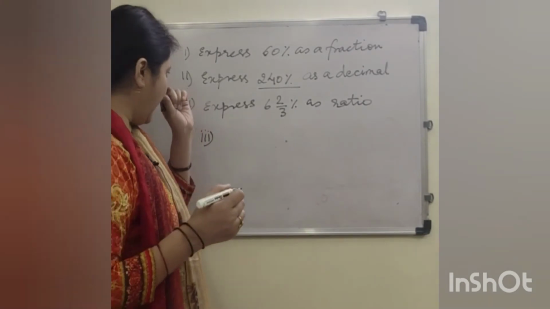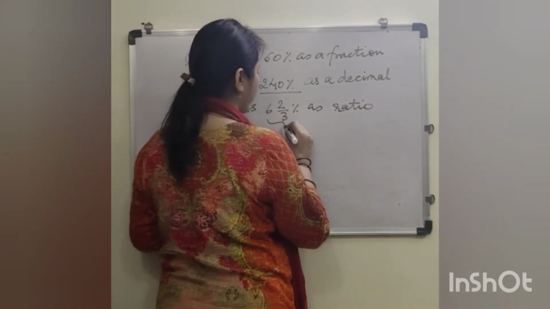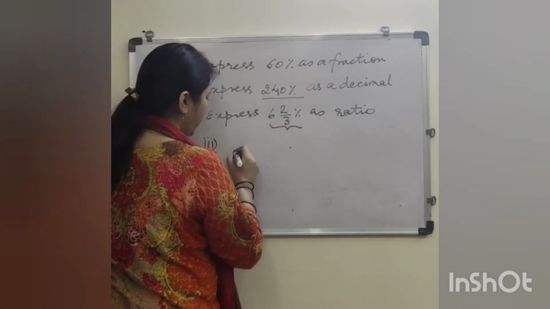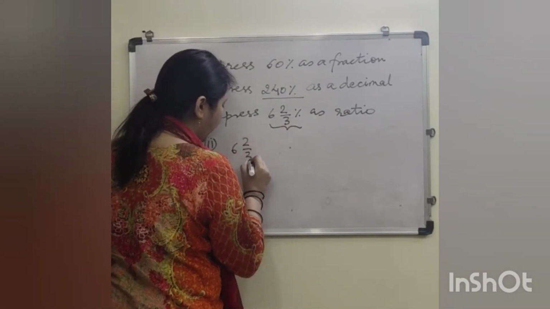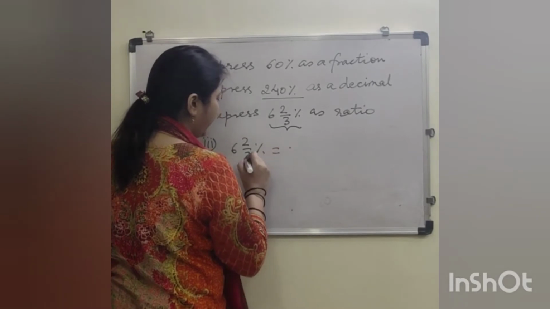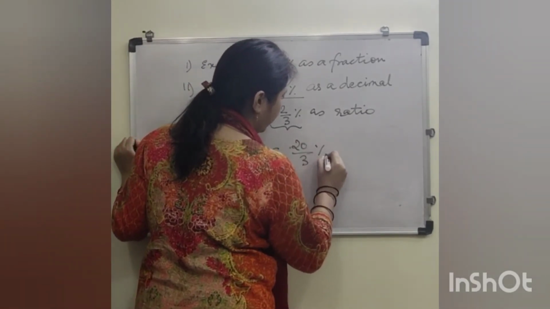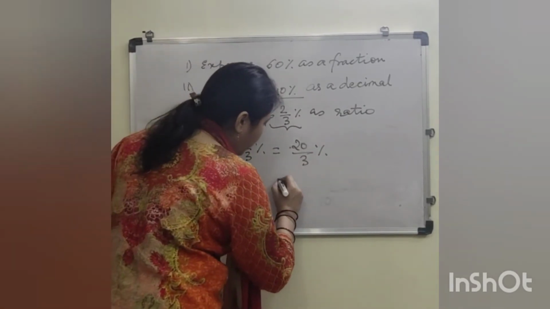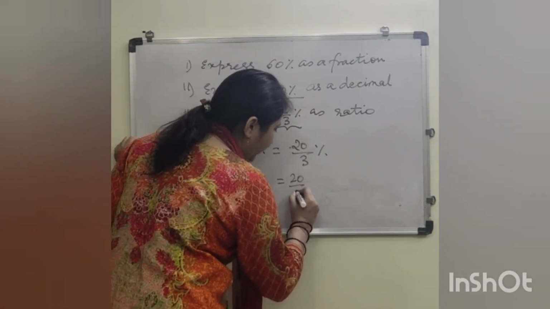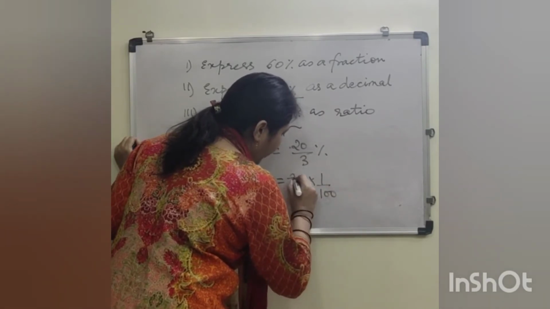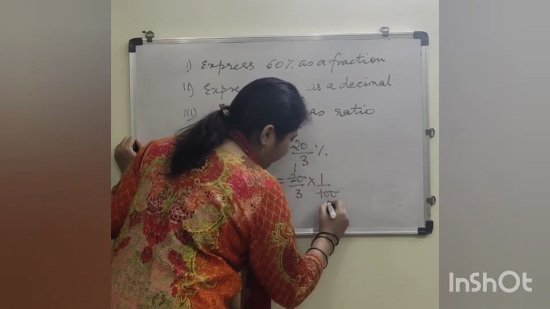Coming to the third part, where we have to express this mixed fraction percentage as a ratio. First of all, children, 6 whole 2 by 3% we write as 20 by 3%. Now to remove the sign of percentage, we multiply by 1 over 100. Cancel by 20, 1s are 5s are.